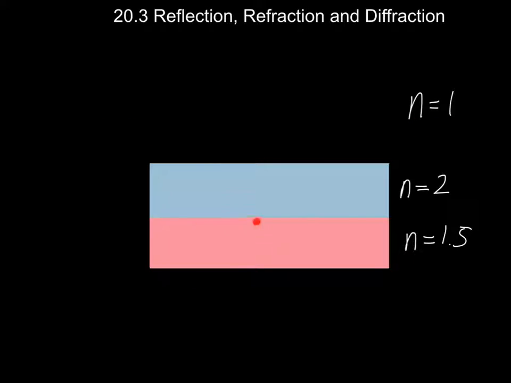We have our blue material that has an index of refraction of 2, and we have our red material that has an index of refraction of 1.5. Now, you can notice right off the bat that all of our indices of refraction are greater than 1. And that's going to actually be a general rule about the index of refraction. n is always going to be greater than 1.